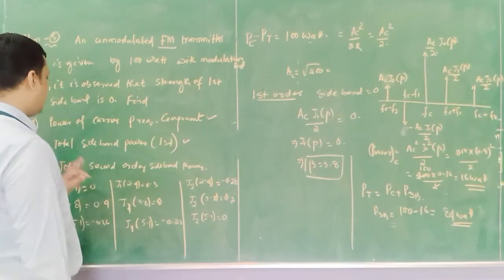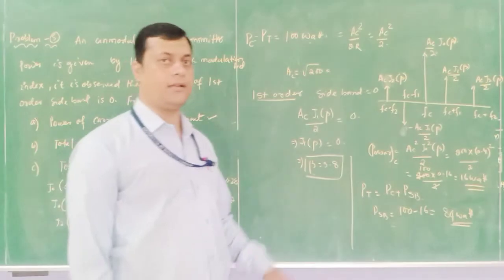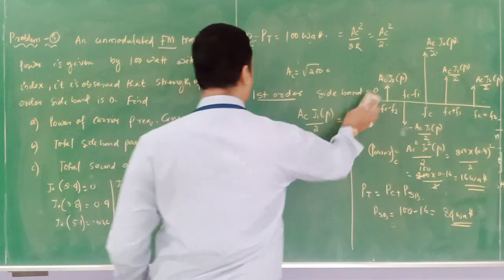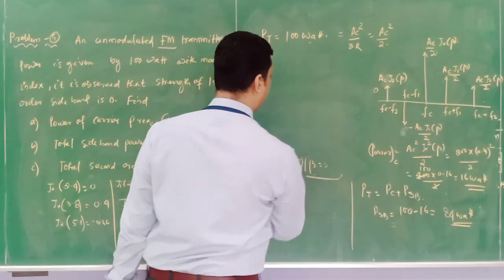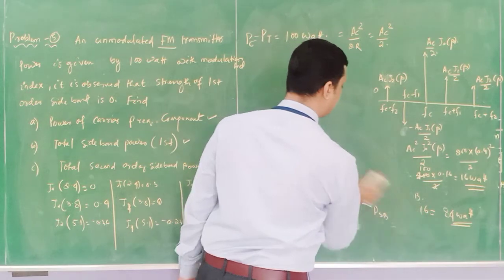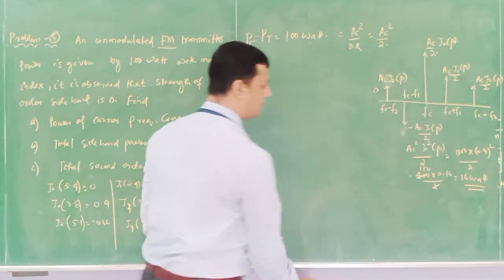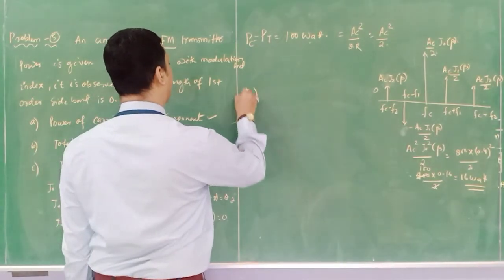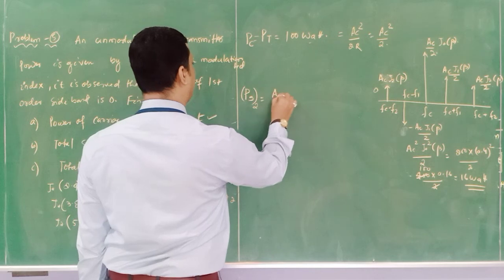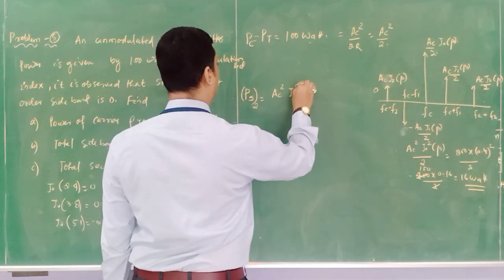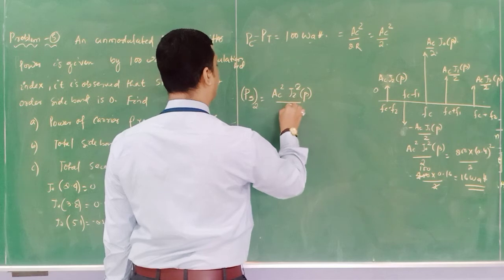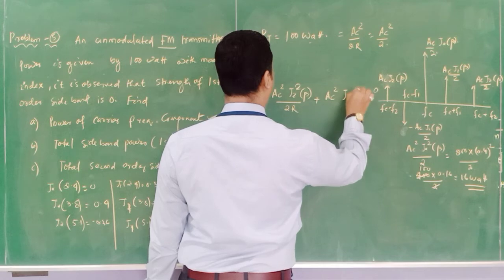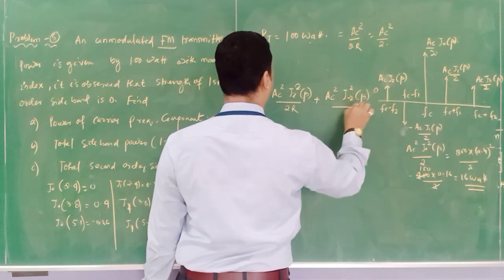First is also over. Now we have to see the second order component sideband power. How are we going to represent it? Let's see. The sideband power for second order is Ac square J2 square of beta divided by 2R plus Ac square J minus 2 square of beta divided by 2R.